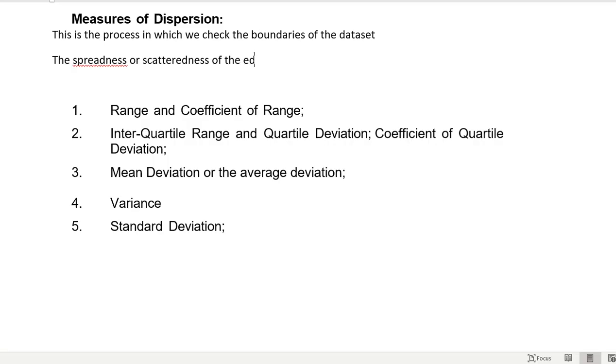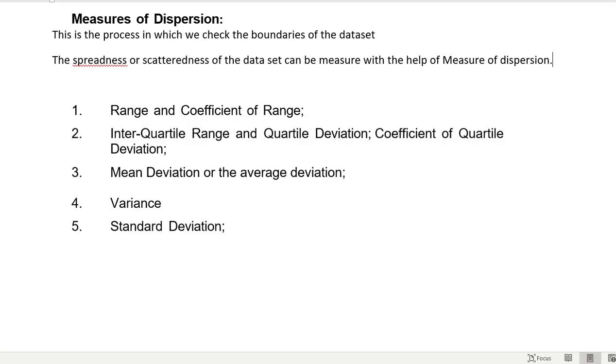of the data set. The scatteredness of a data set can be measured with the help of measure of dispersion. In some books, they also call it measure of variation, but measure of dispersion is the actual term.